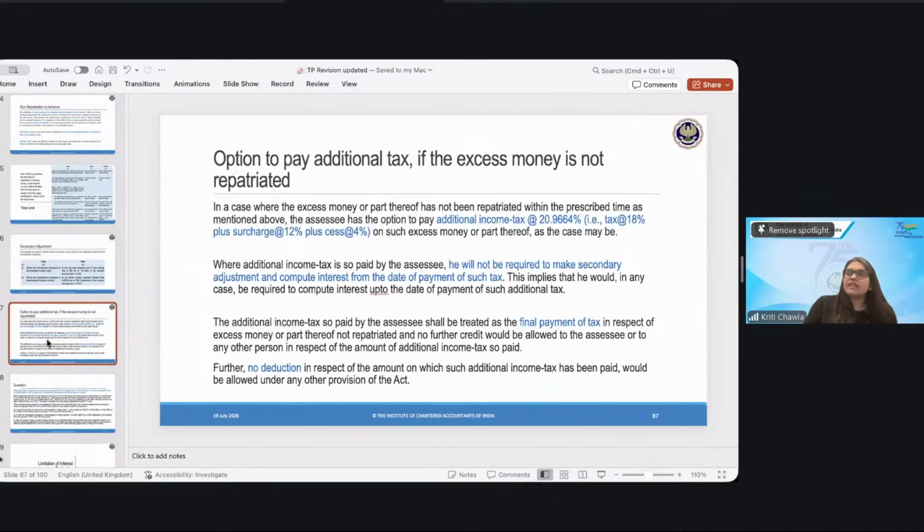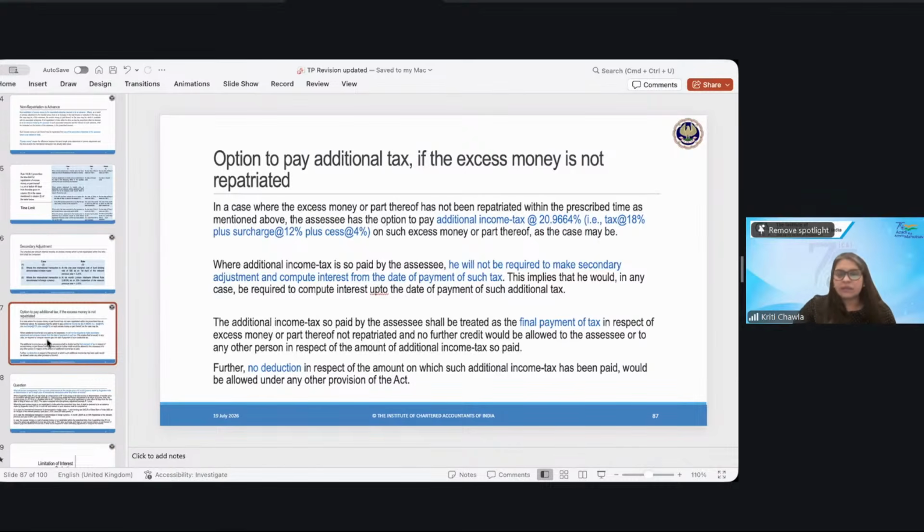And this is going to be at the rate of 20.9664%. It's going to be taxed at the rate of 18%, plus a surcharge of 12%, plus a cess of 4% on such excess money or part thereof as the case may be.